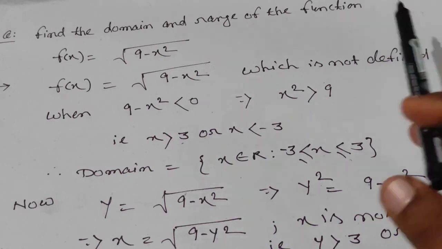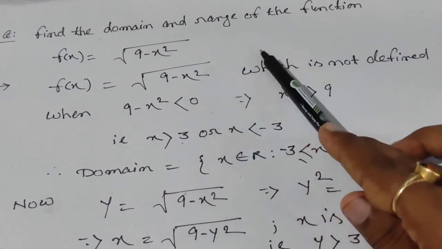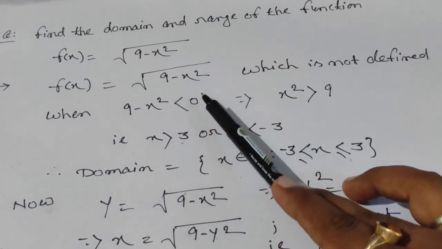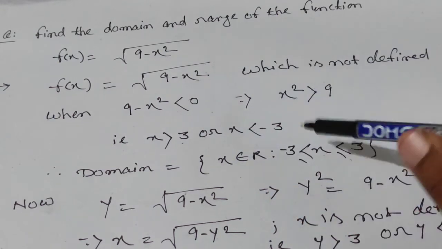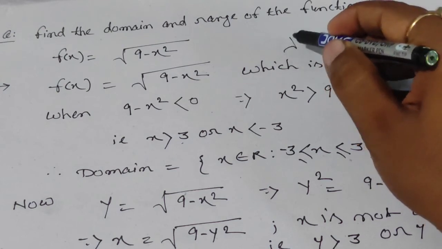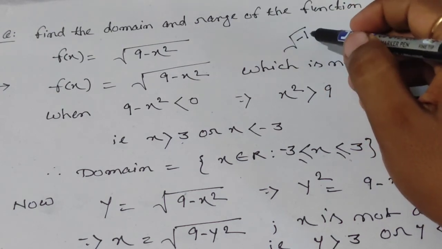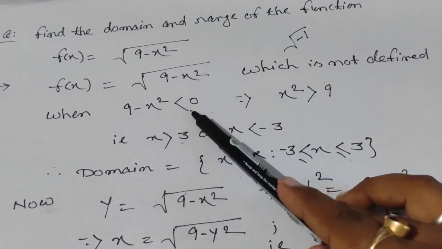So 9 minus x square can't be less than 0, because if it is less than 0, it is not possible to find a real value. For example, if 9 minus x square is minus 1, I can't find the real value of root minus 1.